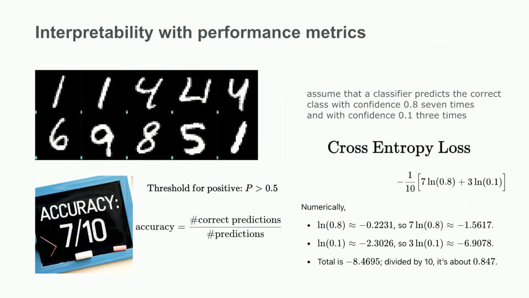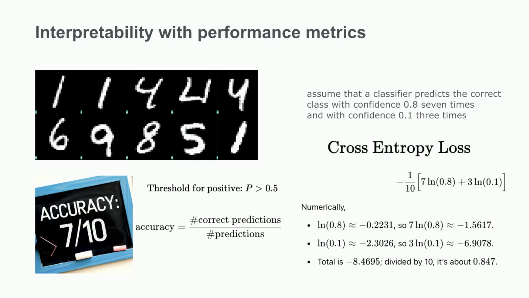And now let's connect our discussion of performance metrics with the cross-entropy loss that we discussed so extensively in the previous video. We were using the cross-entropy loss as a measure of the quality for our predictions.